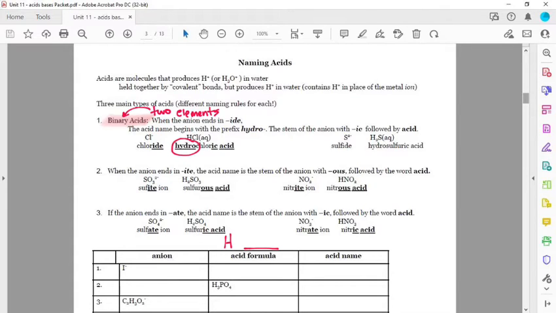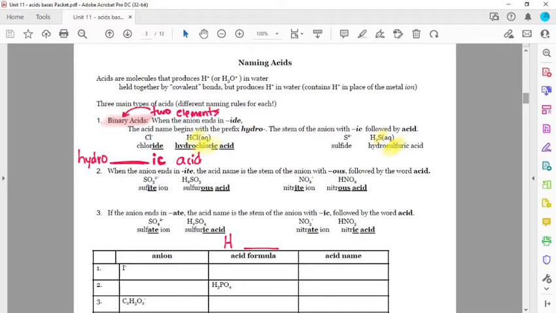These binary ones are the ones that are going to have that word hydro at the beginning, and then we have the root element name, which here we see hydrochloric acid has chlorine in there. Over here we see that hydrosulfuric acid has sulfur in there. So hydro, that prefix hydro, then the root element's name, and then they're always going to change the end of that element's name to have ic, and then the word acid.